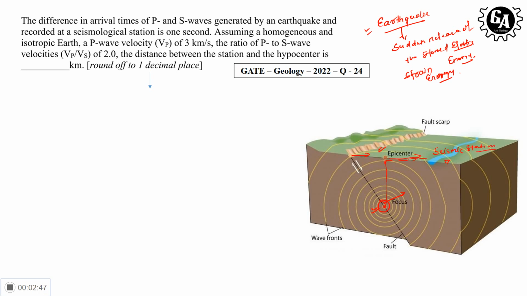This is the surface, this is the body wave, and this distance is called D, the epicentral distance.